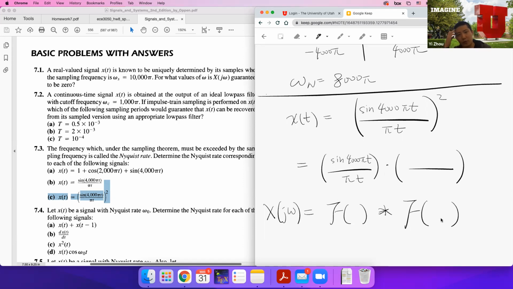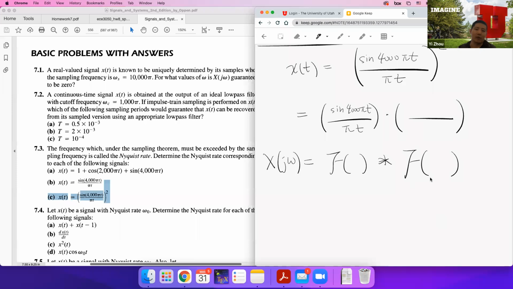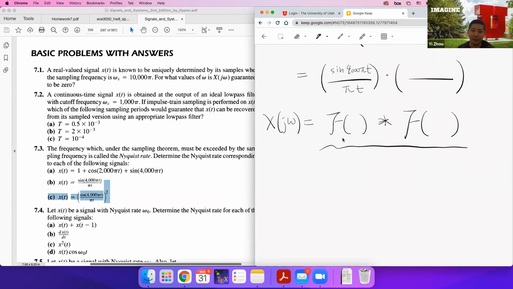So you don't even need to do calculations here. All you have to know is that if you apply the Fourier transform, then in the frequency domain you are going to do the convolution between these 2 spectrums. The convolution happens in the frequency domain. For each spectrum, we know from part B that this is a rectangle spectrum.